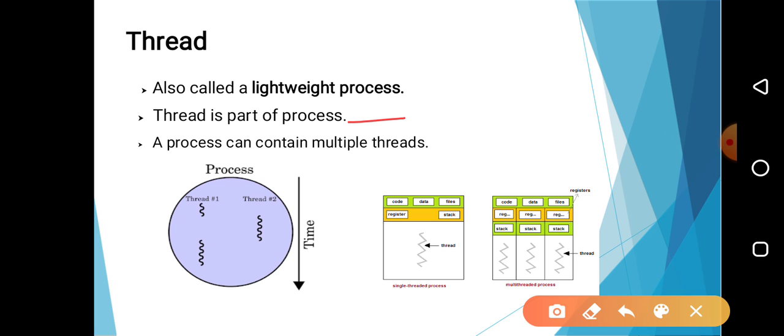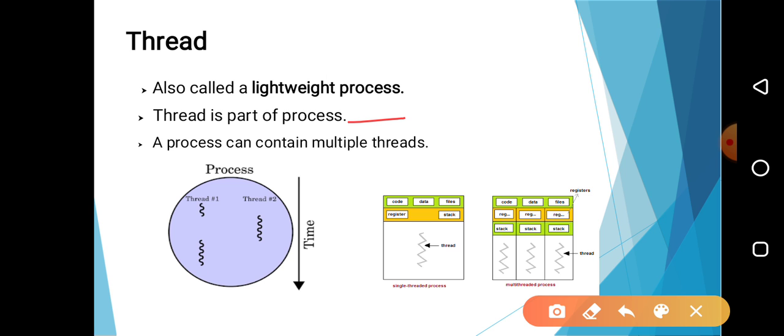At the same time I am using parts of MS Word for spelling checking, for font changing, and for inserting an image. That means in one process called MS Word, I have three parts. First is spelling checking, second is font changing, and third is inserting image. Each part is called a thread.